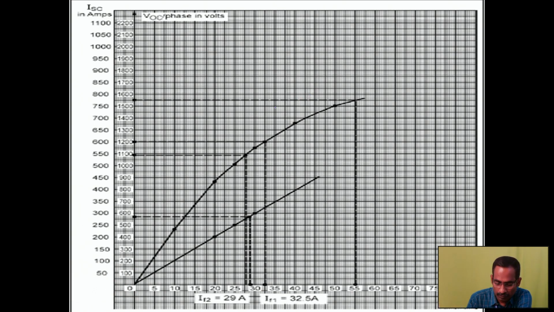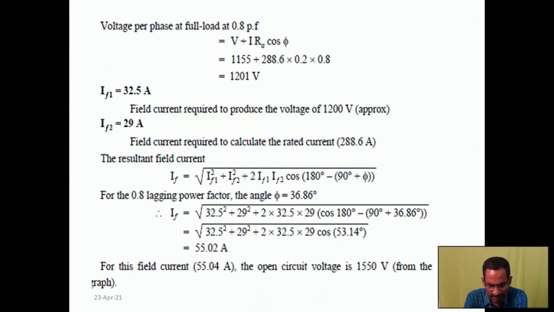Then I have drawn the short circuit curve also. So as per this, what is the IF1 value and IF2 value?